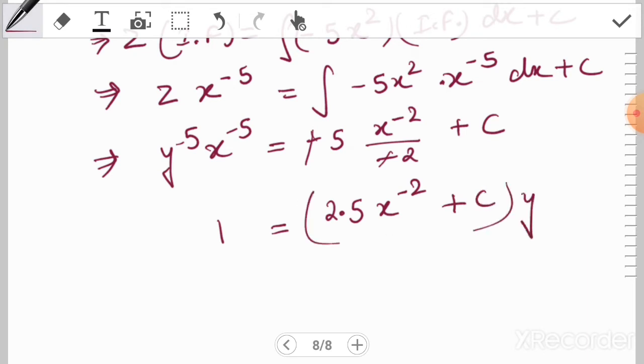So this is the required solution for the given differential equation.